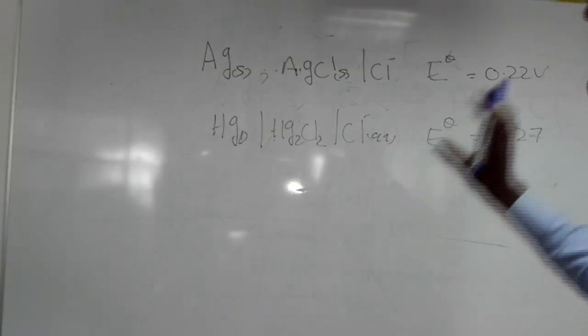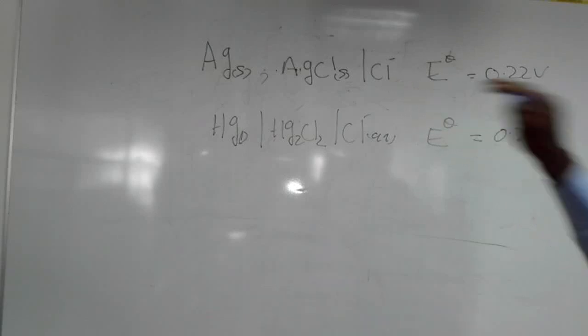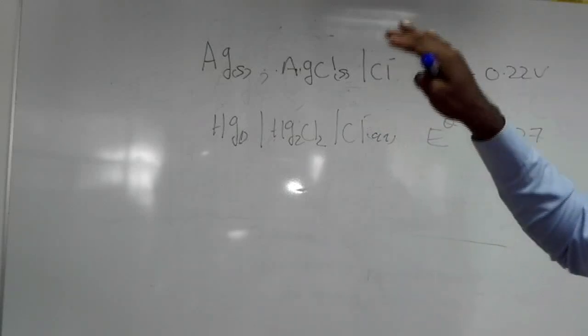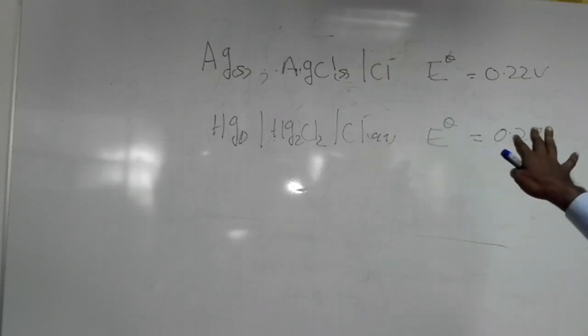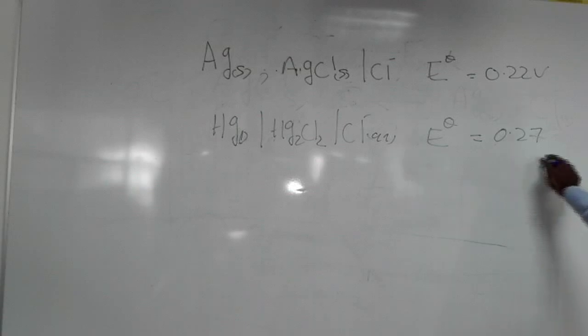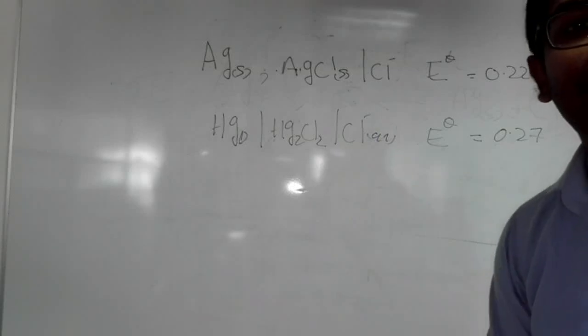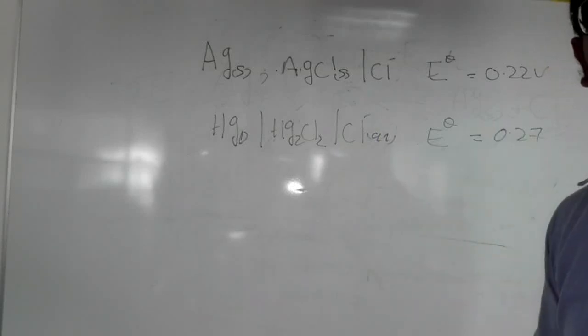Here you can see they have given the electrode potentials with respect to the silver chloride electrode and the calomel electrode. The calomel electrode potential is 0.27 and the other is 0.22. According to this, you can identify the oxidation and the reduction ends.